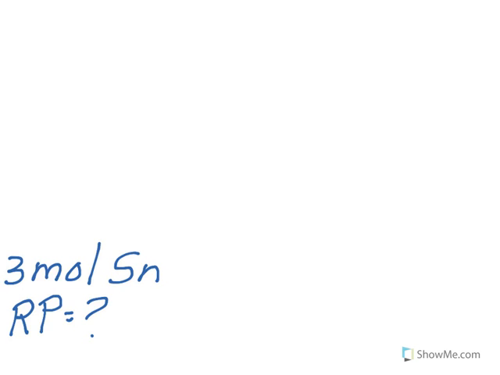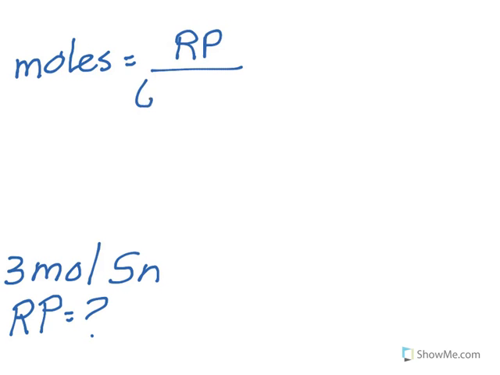The formula that we will use algebraically is moles equals representative particles divided by 6.02 times 10 to the 23rd, which is Avogadro's number, or the number of particles in 1 mole.